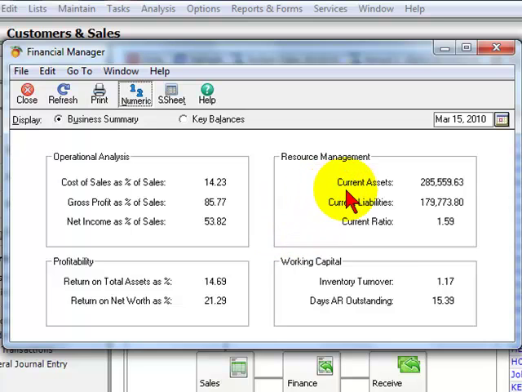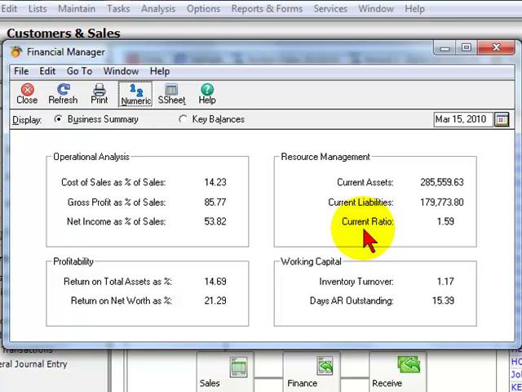Now here we have a list of your current assets, current liabilities, and your current ratio. Your current ratio is basically your current assets divided by your current liabilities. Basically this shows your ability to meet creditors' demands.